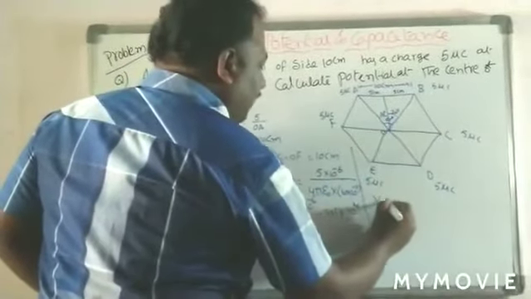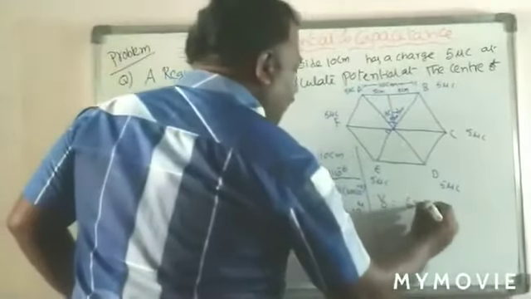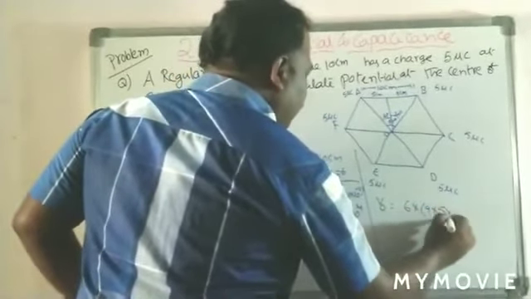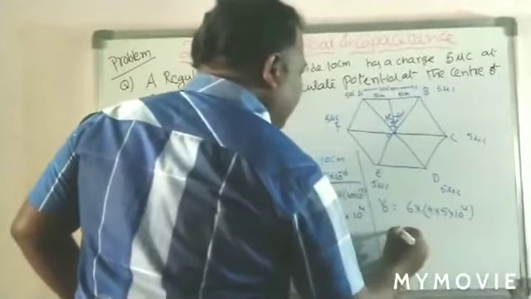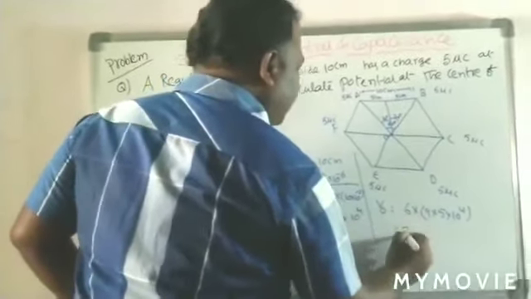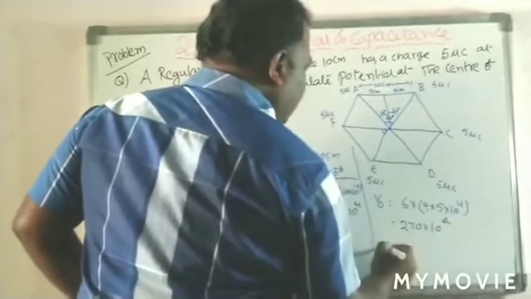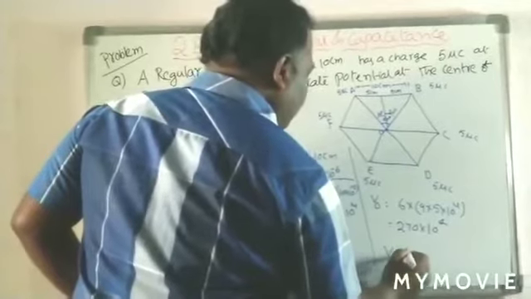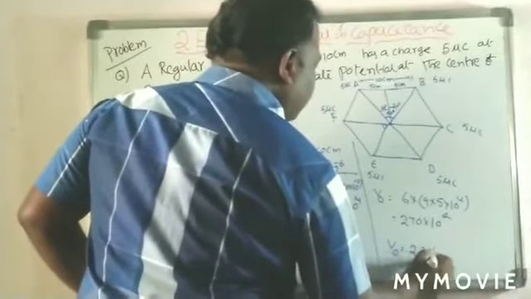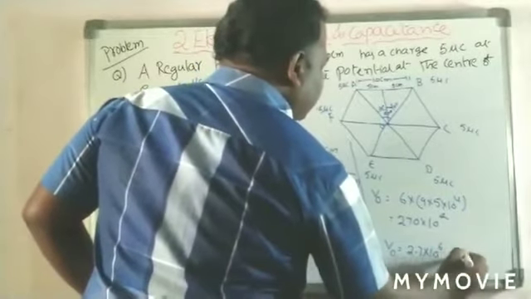Therefore, V naught is equal to 6 into 9 into 5 into 10 power 4. Simplify this. 5 into 6 is 30. 30 into 9 is 270 into 10 power 4. That is, the potential is equal to 2.7 into 10 power 6 volts.